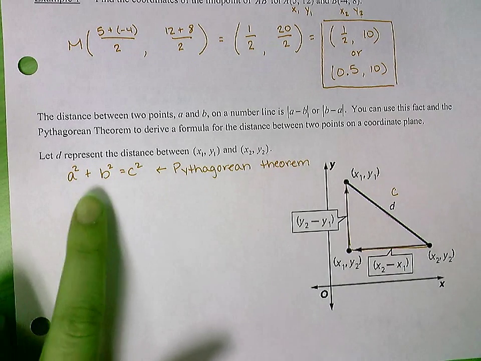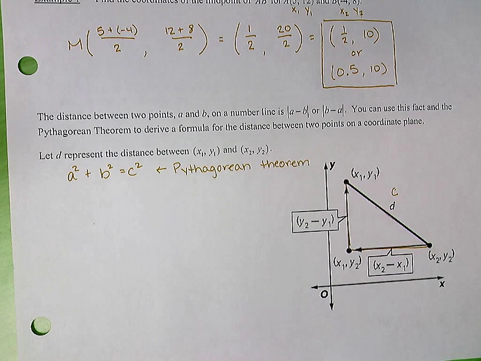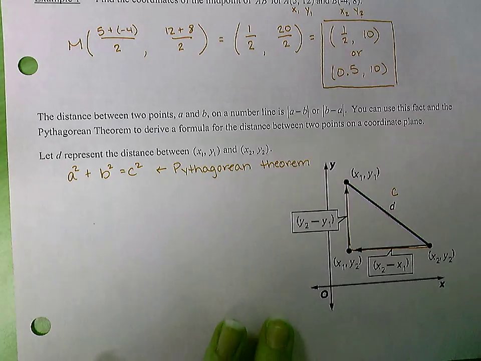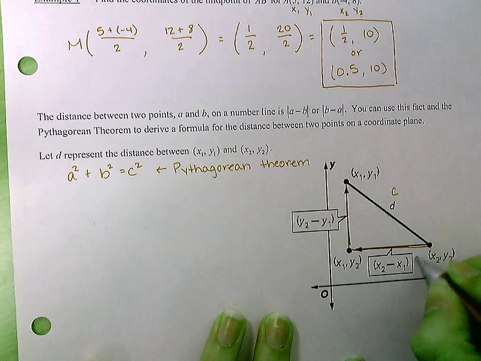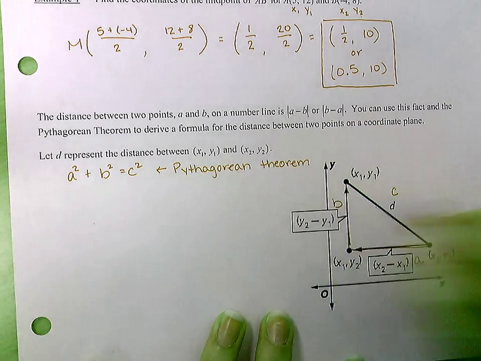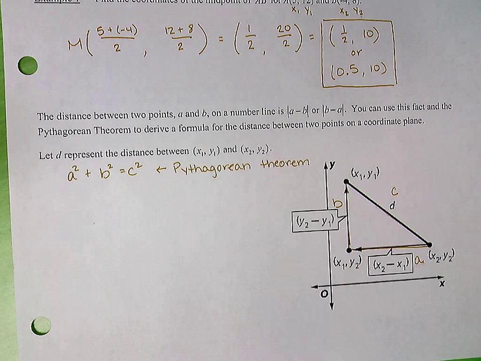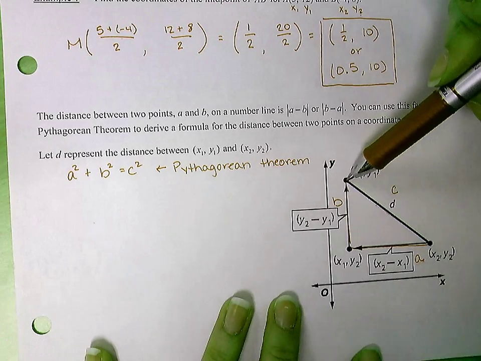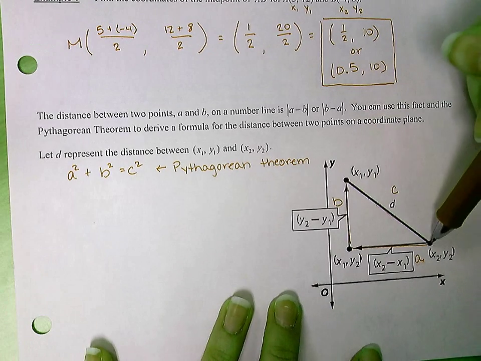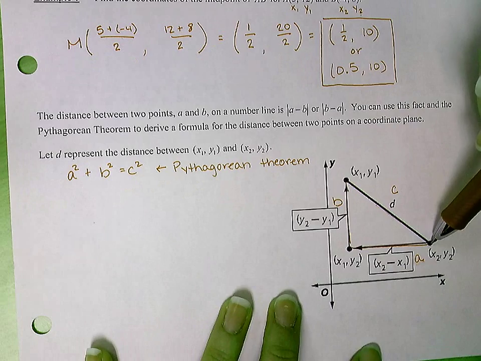Your A and B values are the legs of your right triangle, and those can be interchanged. So I'm just going to label this side as A and this side as B. What we're doing is trying to find the distance between these 2 points using that Pythagorean theorem.